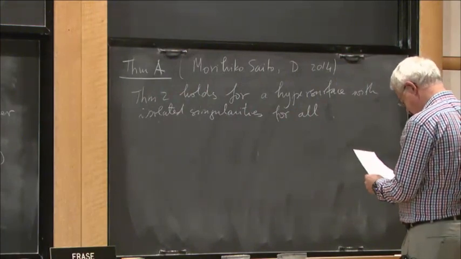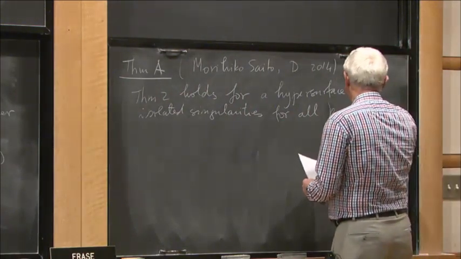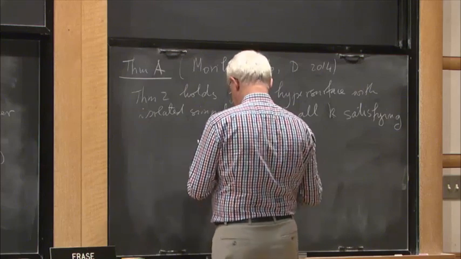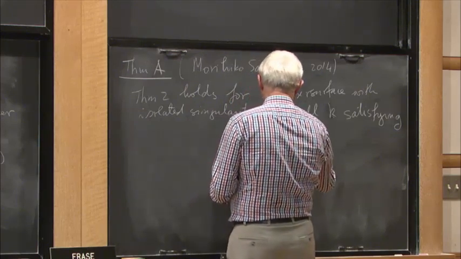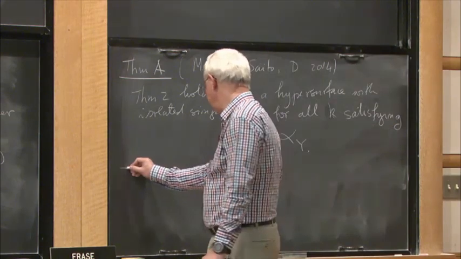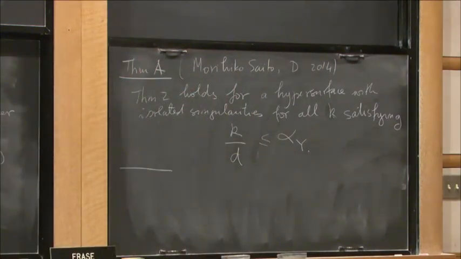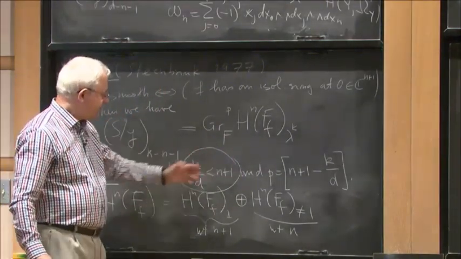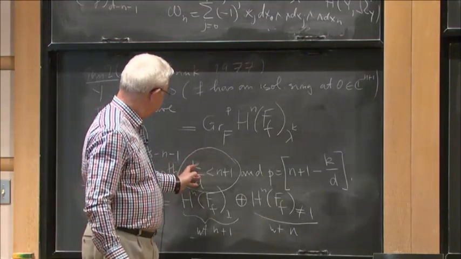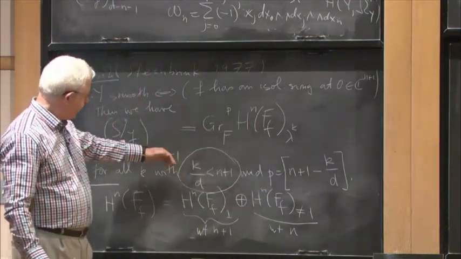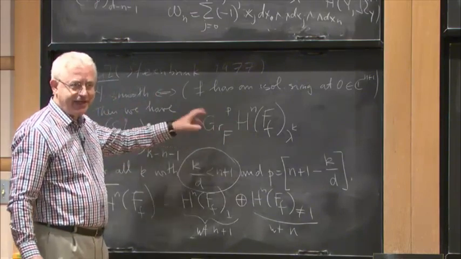Yeah. So this is for all k satisfying k over d at most alpha of Y. Okay, so you see that if I compare here, essentially this condition says nothing because for larger k I get 0 on both sides, so this is just to give you an idea what is the range where this equality says something interesting.